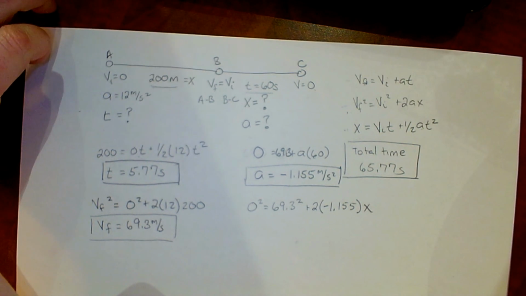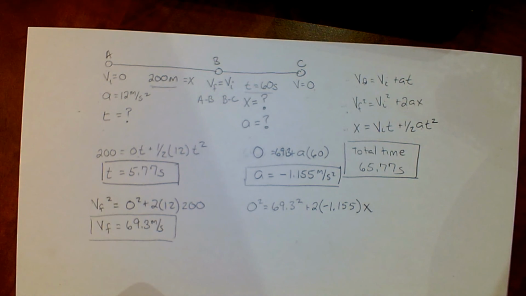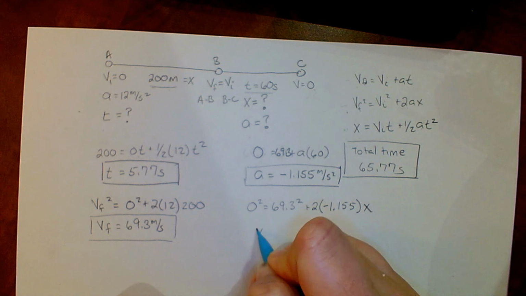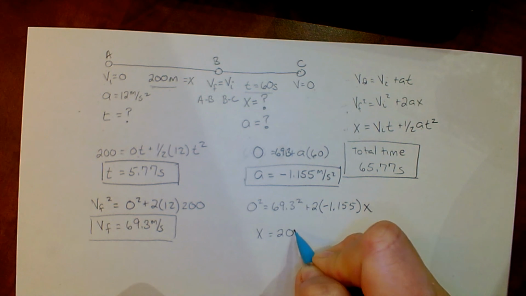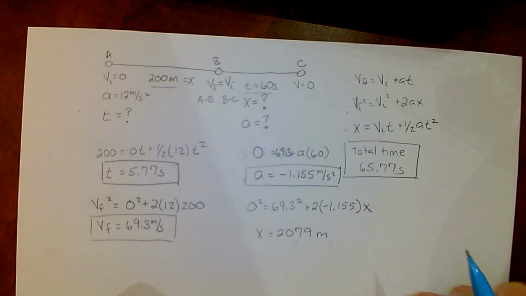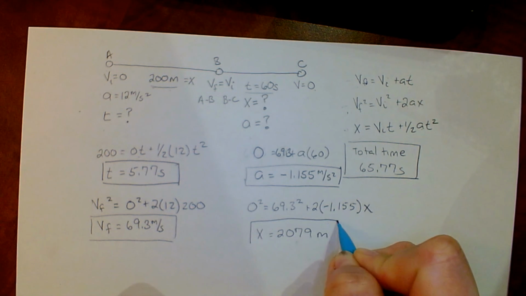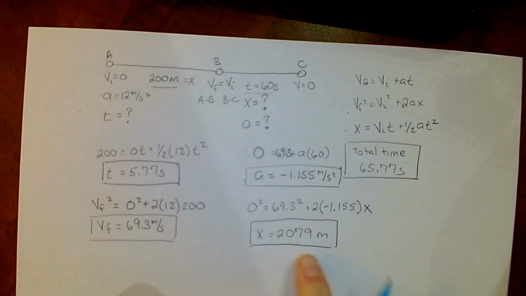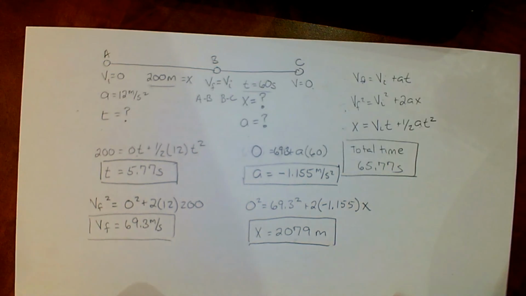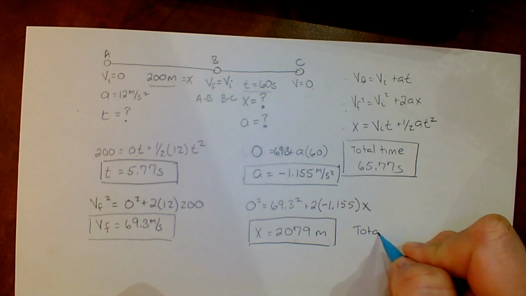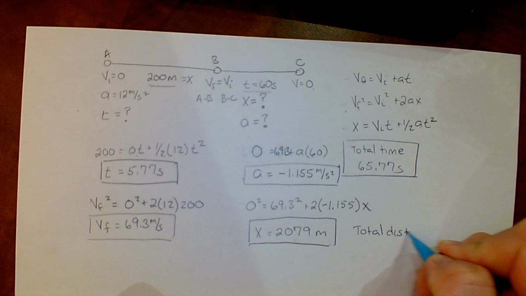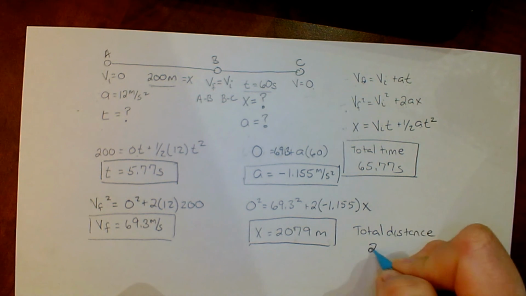Okay, when you solve for x there, I got 2,079 meters. So the total distance is 2,079 plus 200. So 2,279. And there you have it.